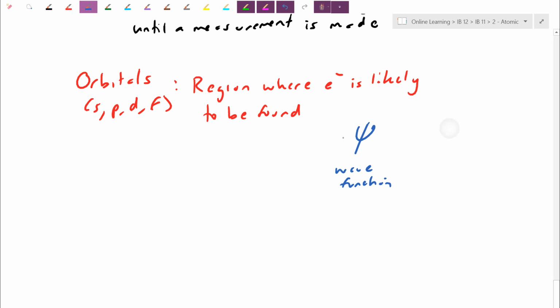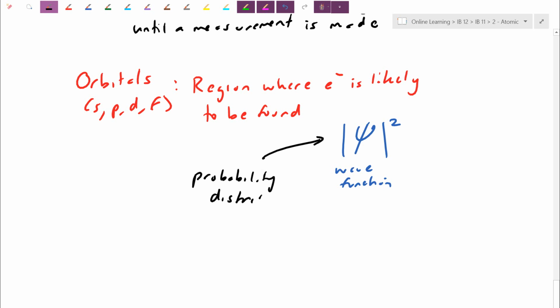So I take my wave function, which by itself could be above or below the axis, and upon squaring it we end up with everything positive. That's what this orbital is. We refer to this orbital as a probability distribution.